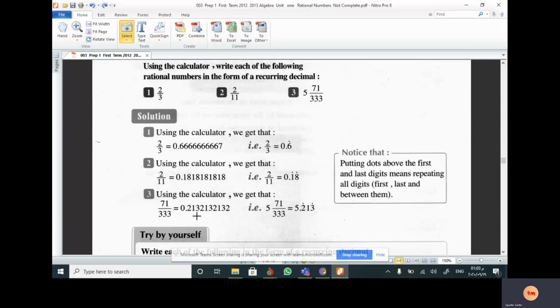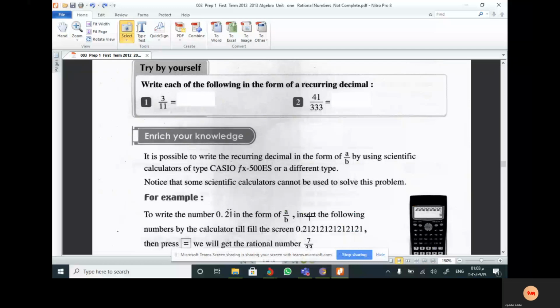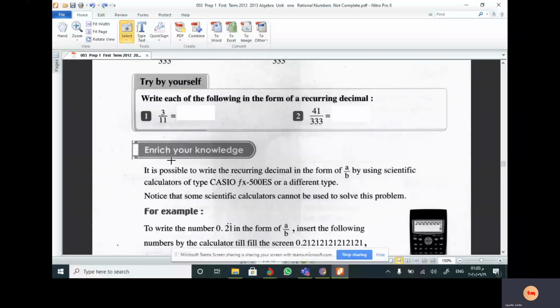We repeated 3 digits, 213. So when you write it, you will put a dot over the first digit and a dot over the last digit repeated. And you can answer these problems using your calculator.